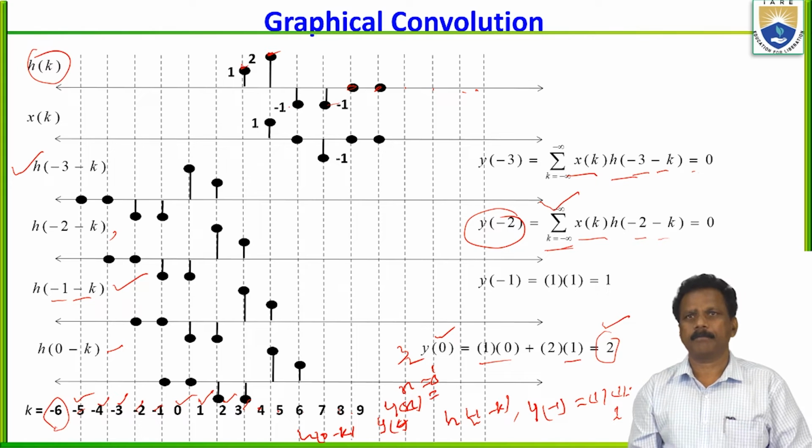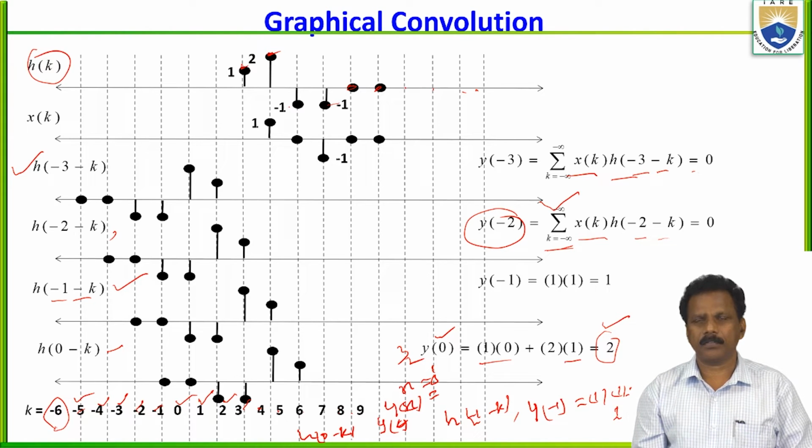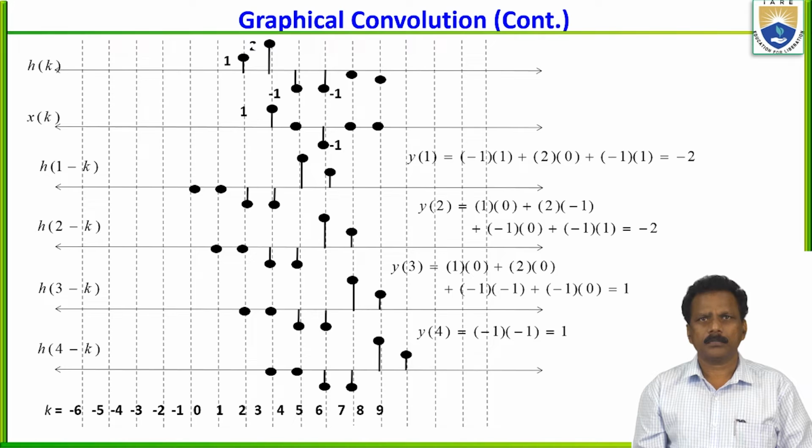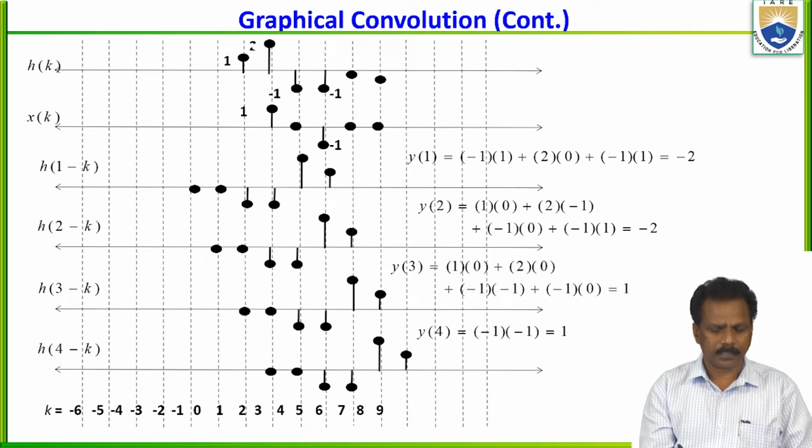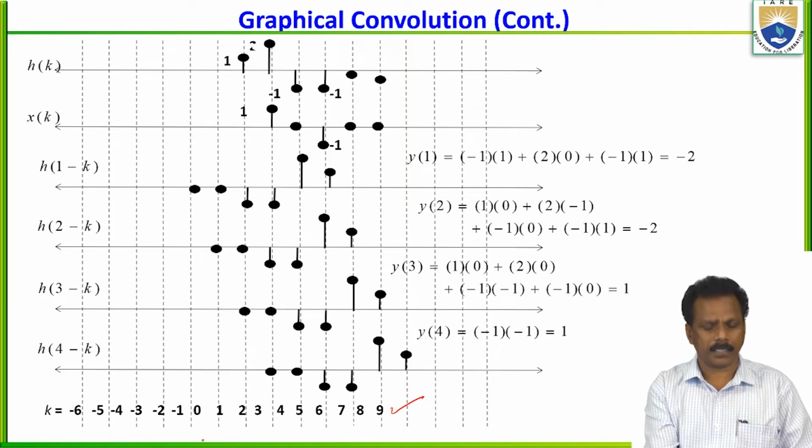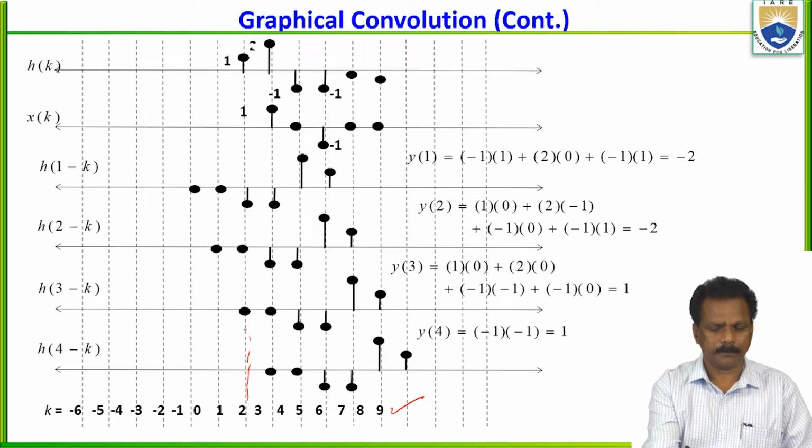Like this, graphical convolution will be observed within these convolution effects. So these effects where h of k with the same k values, here it is given that h of k where k equals 2, based on all these values.